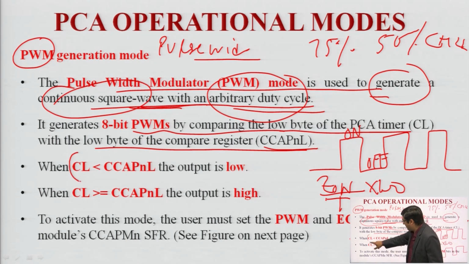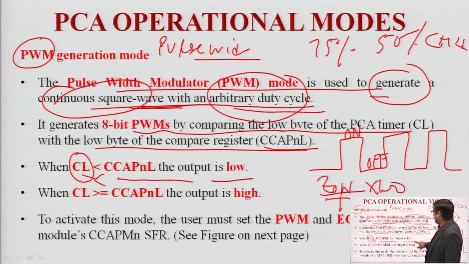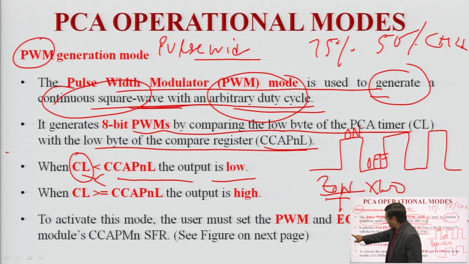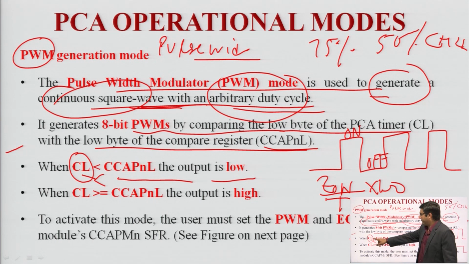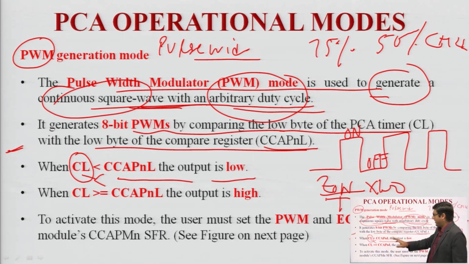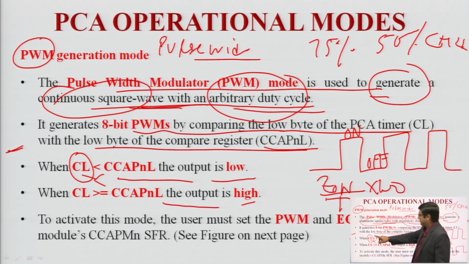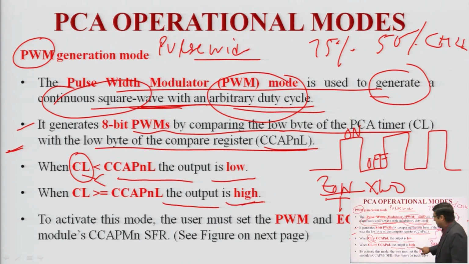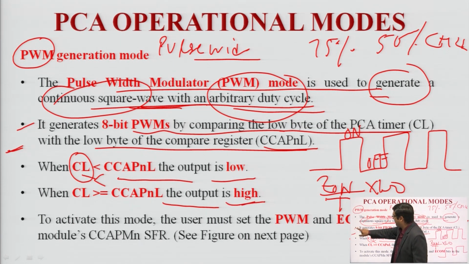So when CL, the PCA timer low byte, has a value less than CCAPnL, the output will be low, and it remains low until CL equals CCAPnL. When CL is greater than or equal to CCAPnL, the output is high. In this manner the waveform is generated.